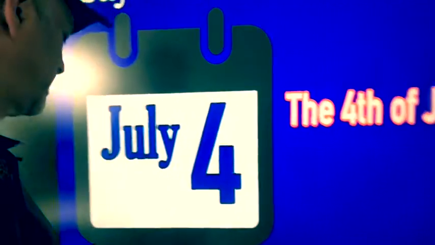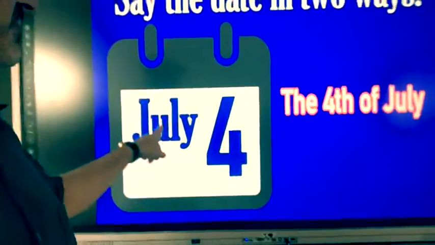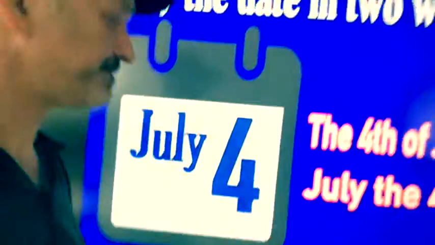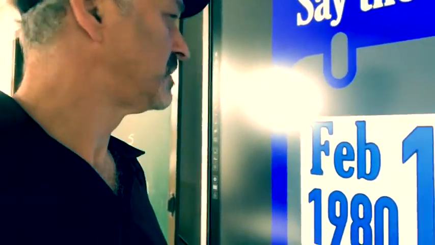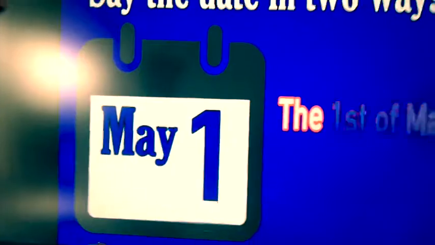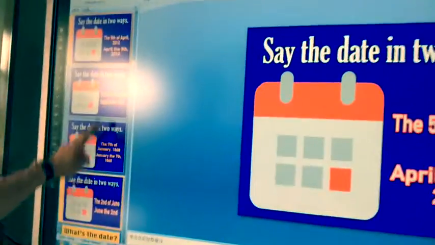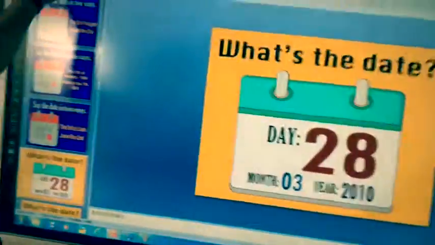So I can say the 4th of July, or I can say July the 4th. Right? Stressing the use of the article, and remembering those examples. Practice that for a while, and then we move on to practicing it all together.